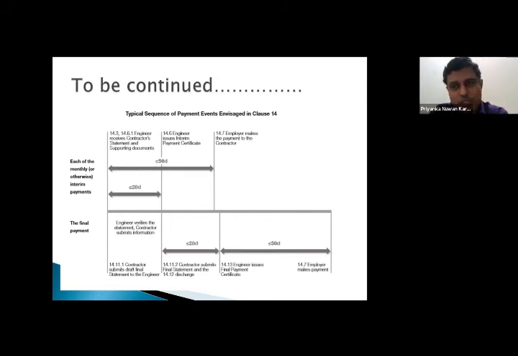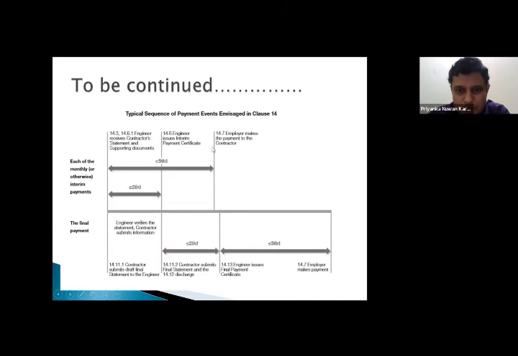Now, the good thing about FIDIC 2017, this is the typical sequence of payment events envisaged in clause 14 of FIDIC 2017. It clearly mentions, right, the engineer verifies the statement. It is not a new thing to you. 28 days. Each month, the engineer issues the interim payment certificate. Again, now it has been subdivided into 2 portions.